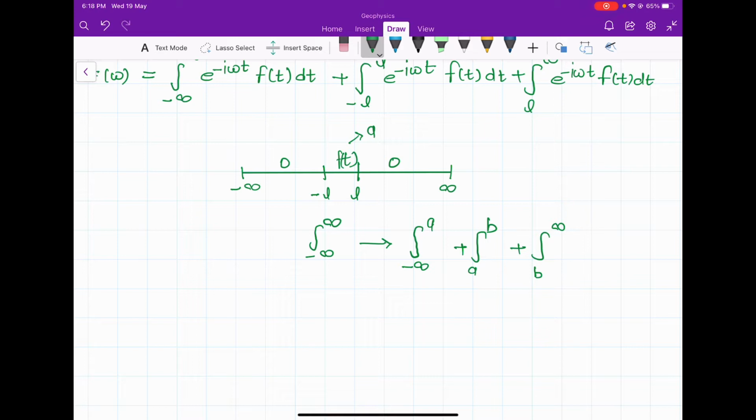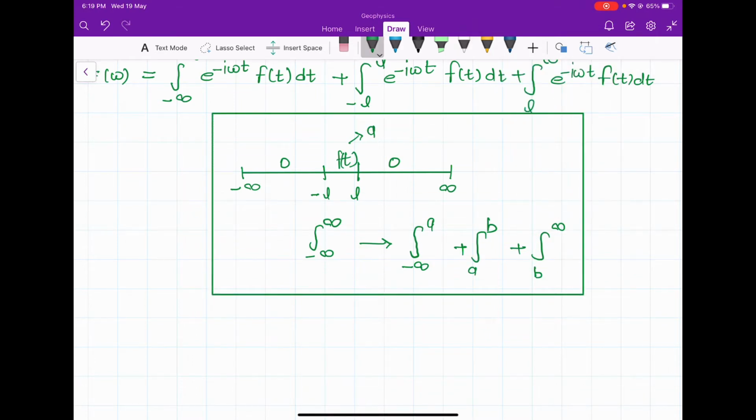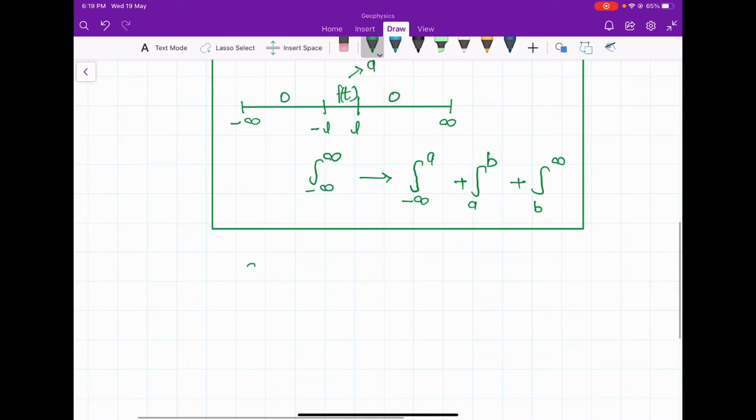So what is the property? I'm going to write here: the integral from minus infinity to infinity of f(t) dt, or you can say f(x), whatever the function, not an issue.